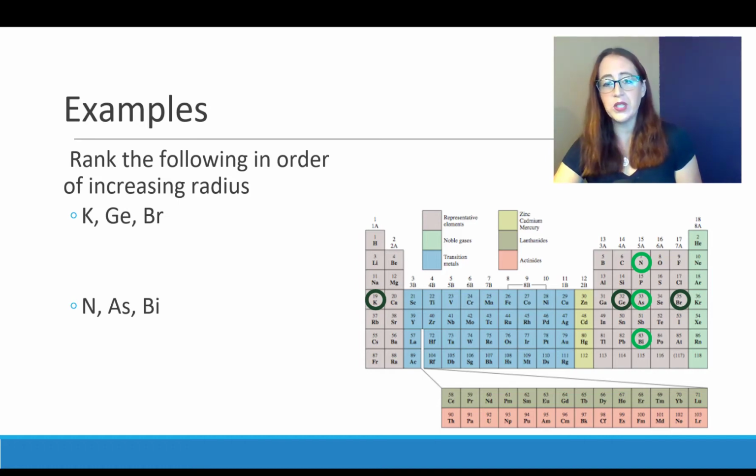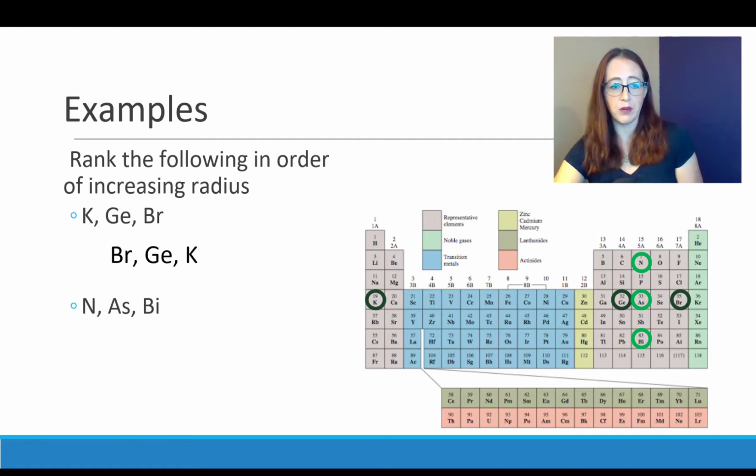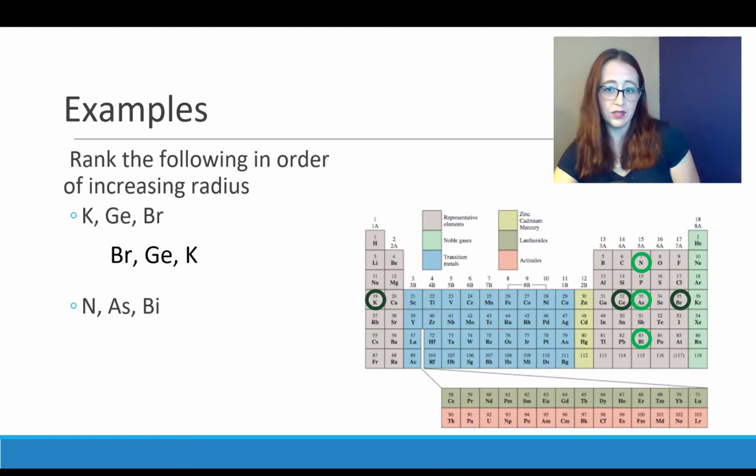For this first one, we're looking across a row. Those on the right are smaller than those toward the left. So to rank these by increasing size, we will rank from right to left. Or in other words, bromine, and then Ge, and then K. For the second one, we are looking down a group.